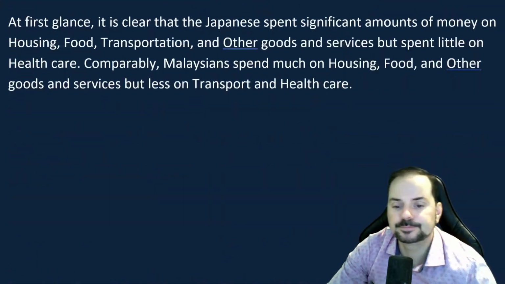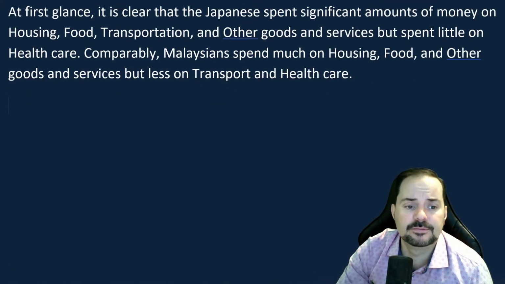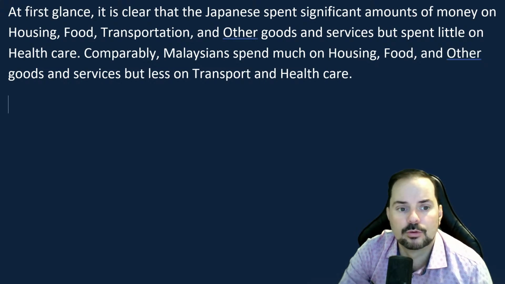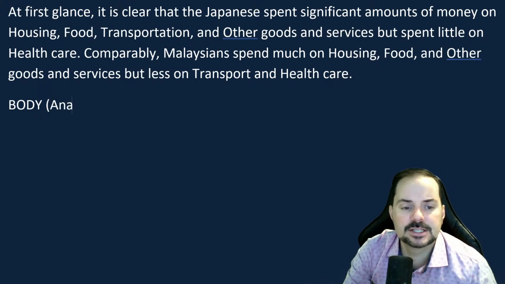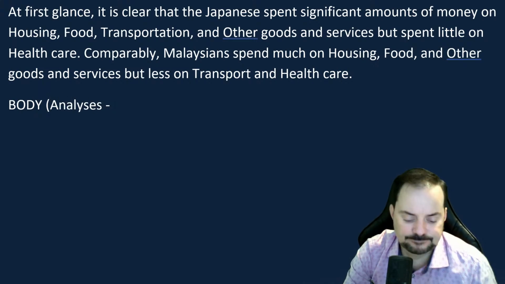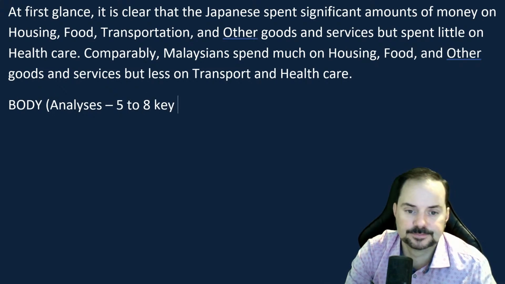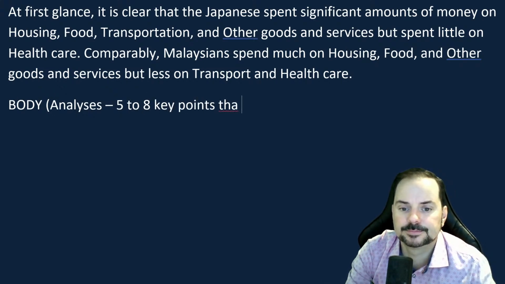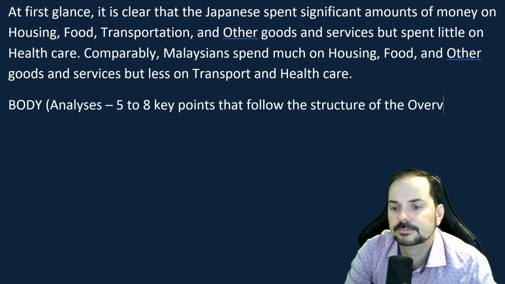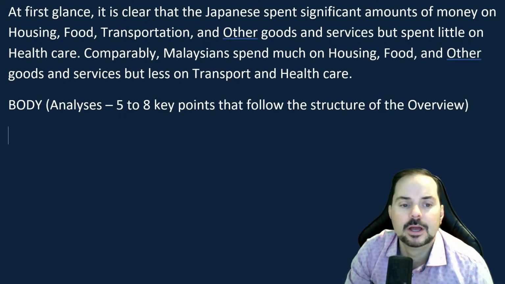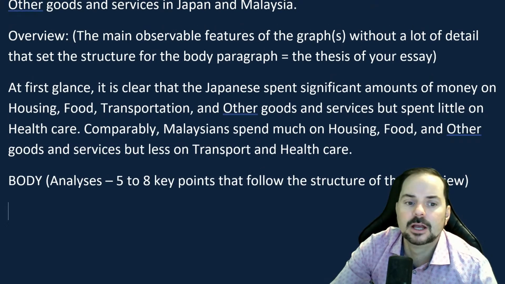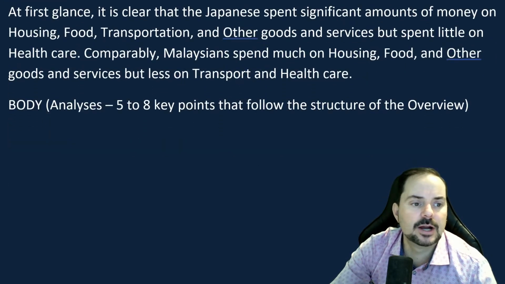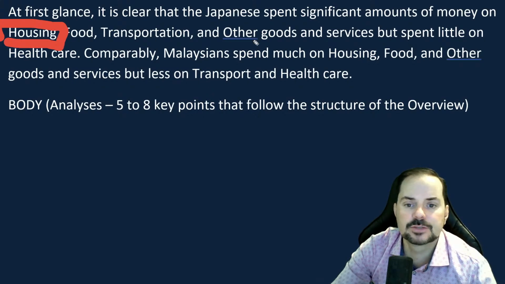All right, so after we've finished our overview, we can now do the body paragraph. A body paragraph is the analyses, 5 to 8 points that follow the structure of the overview. Okay. Mark them before you start writing them. So here, I kind of have that because notice how here, okay, so I talked about housing first, right?